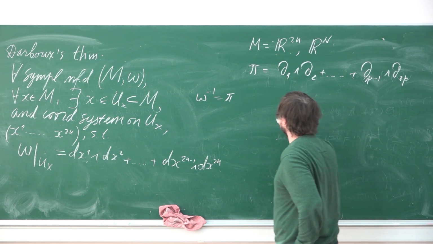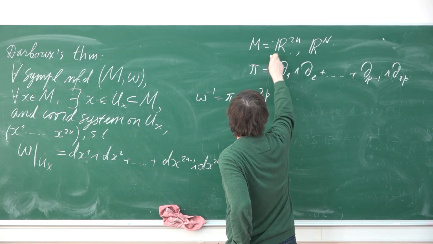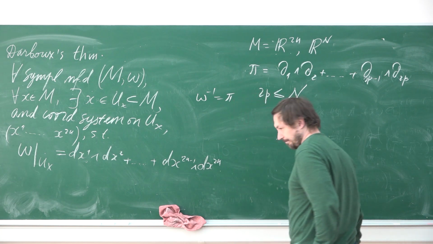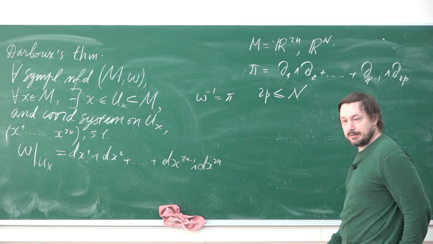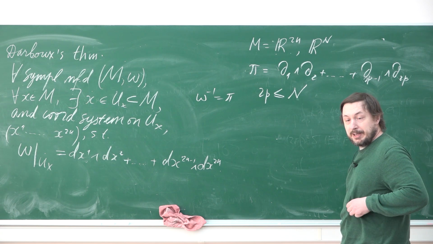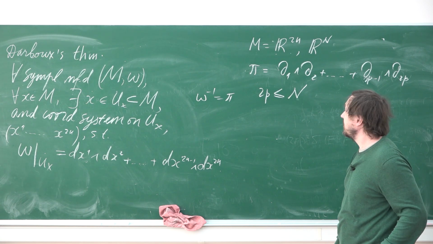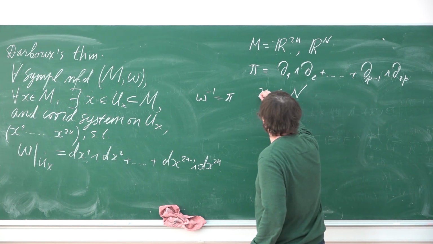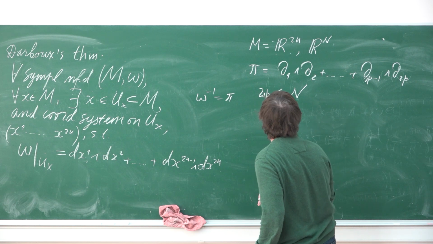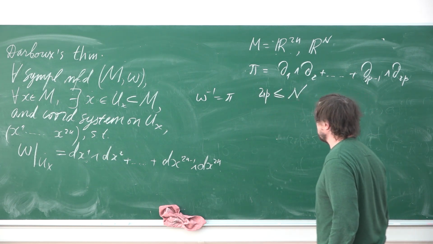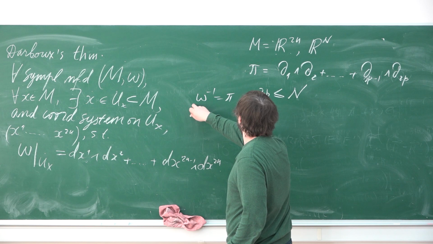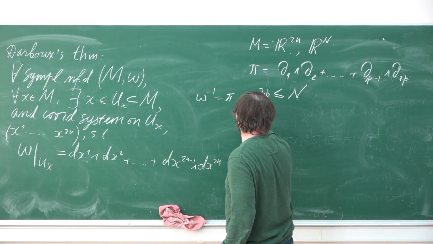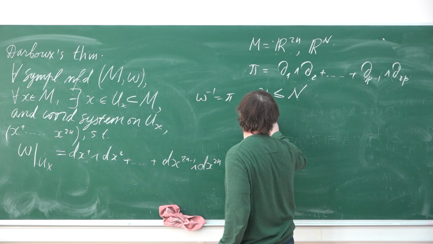Here p need not be equal to n; in fact, it should be less than or equal to n. So this is a very natural example of a bivector field which exists on Euclidean space, but which cannot be obtained as the inverse of some symplectic form. However, in this case, we still have the Moyal product.